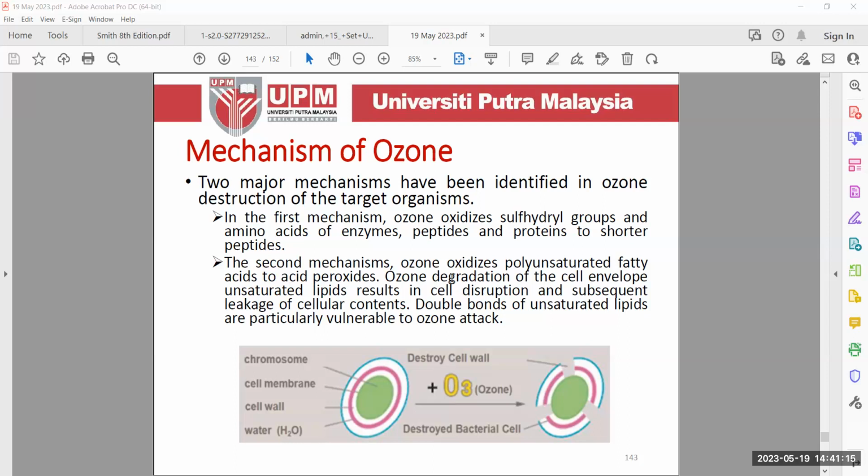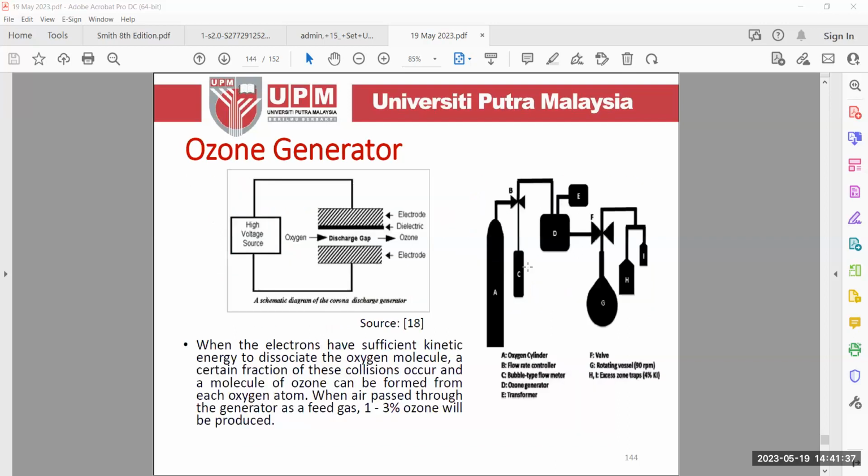Ozone degrades the cell envelope, causing cell disruption, and subsequently the cellular content leaks. So, as I mentioned earlier, it causes holes in the microorganism, and all the nutrient compounds leak out, making it die.